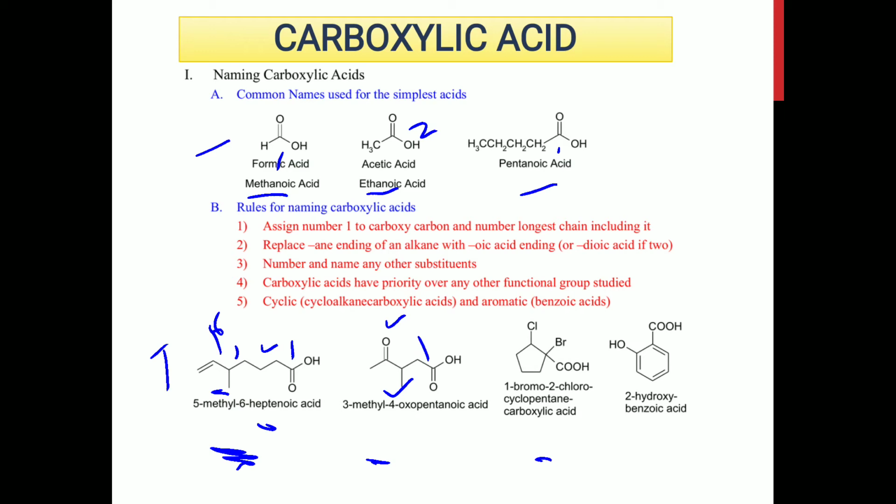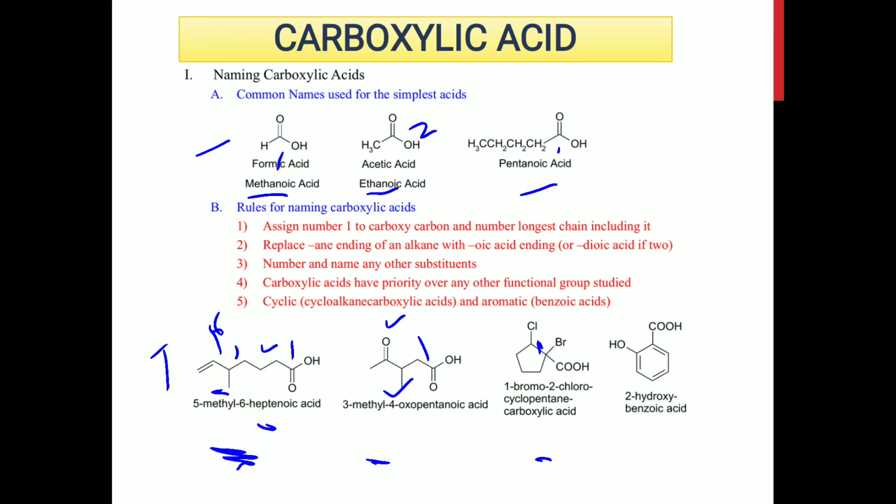Now from where do you start the numbering of these carbons? Here the carboxylic acid group is present, so that carbon will have number 1. Then number 2 goes to chlorine, then 3, 4 and 5, right?